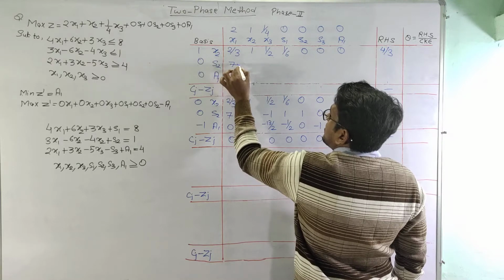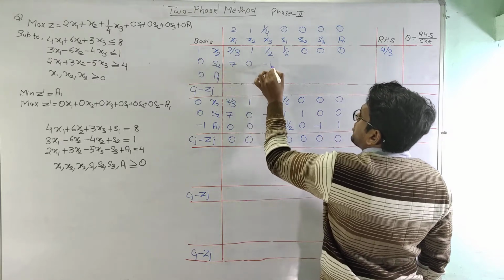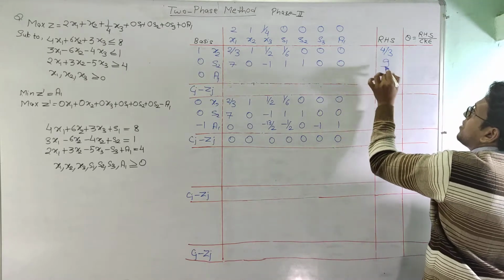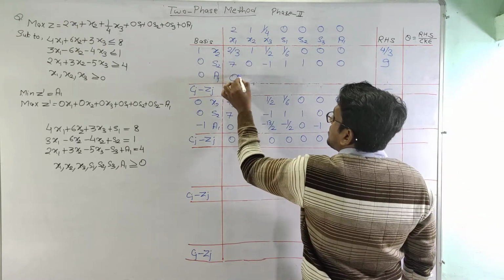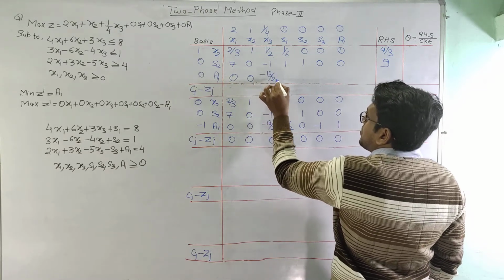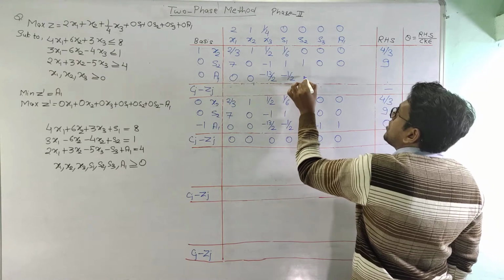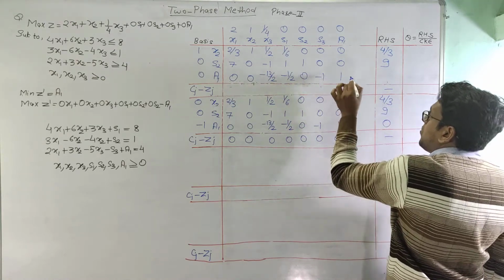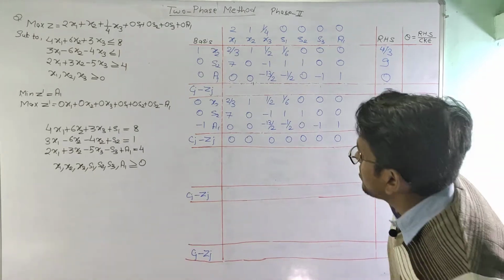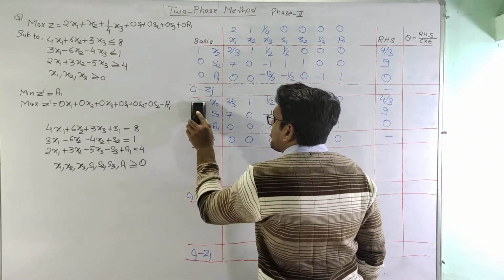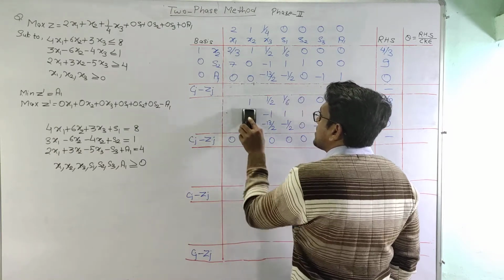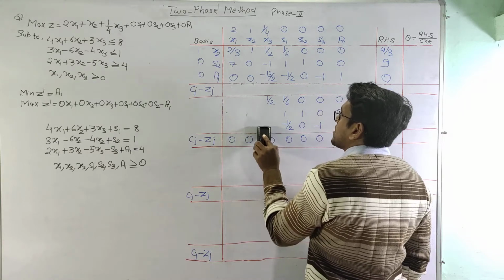This is 7, 0, minus 1, 1, 1, 0, 0, equal to 9. Similarly, this is 0, 0, minus 13 by 2, minus 1 by 2, 0, minus 1, 1, equal to 0. Okay, now I am erasing the second portion because I have already noted this down, so let us start solving phase 2.